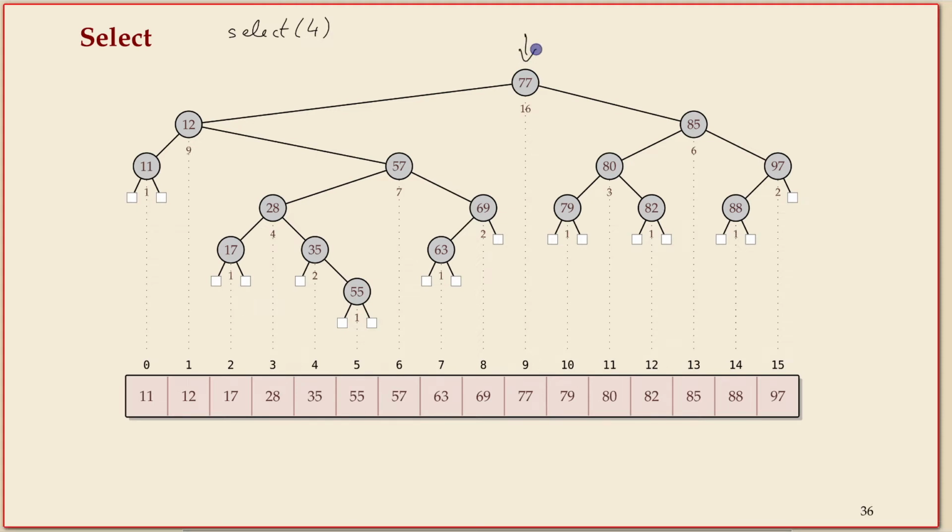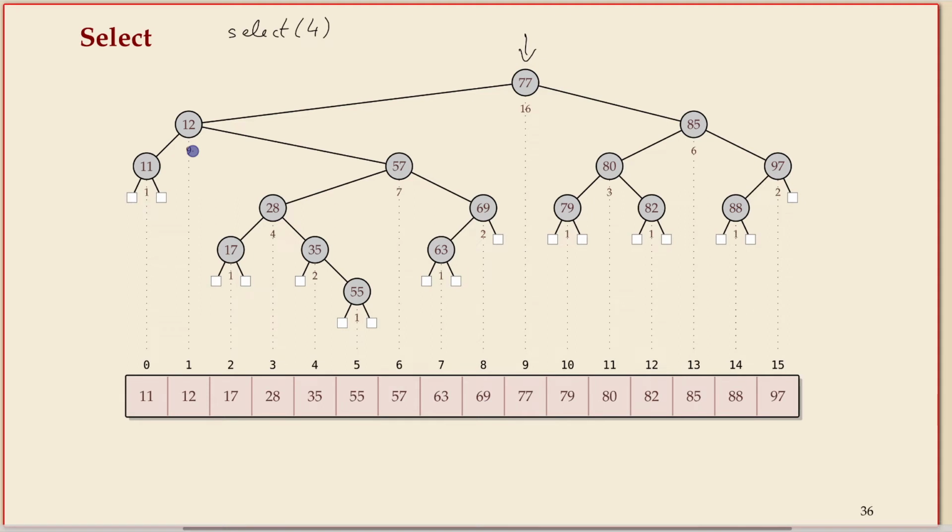How do we do this? How do I know at the root whether I have to go left or right? I don't have a key. Oh my god, I'm screwed. Now, we do have a rank though, so we somehow have to find out if it is the 4th smallest in the left or in the right subtree. And we know how big the left subtree is. It has 9 elements. That's plenty enough to cover position 4.